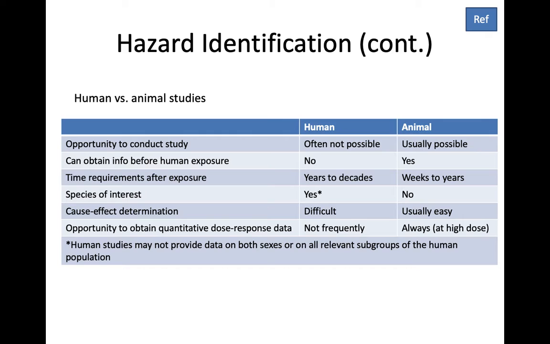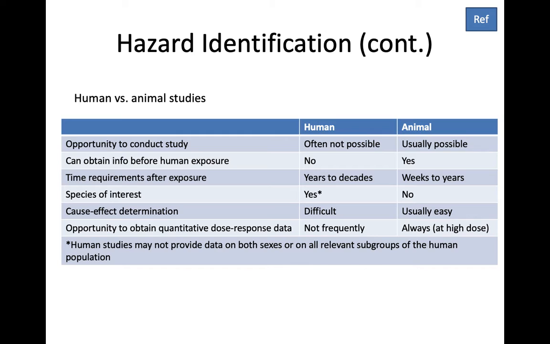Here is a chart for human versus animal studies. Human studies are often not possible to conduct, while experimental work can usually be done in animals. Can we obtain the information before human exposure? In animals, we can, but in humans, we can't.